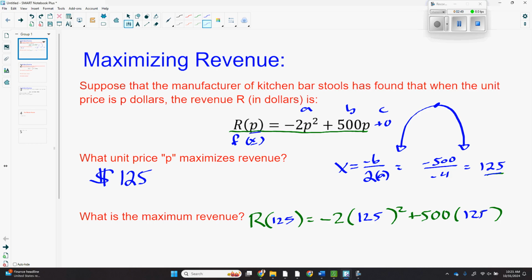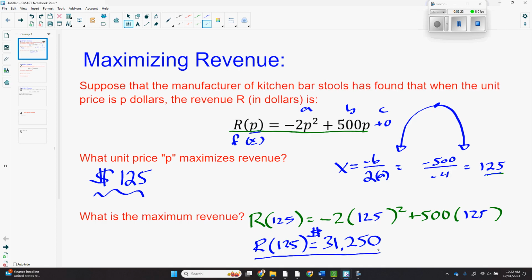Negative 2 times parentheses 125 parentheses squared plus 500 times parentheses 125, type it exactly like it looks, and when we have that price of 125, it spits out an answer of $31,250. This would be our max profit there. So if we sell those bar stools for $125 each, we can get a max profit of $31,250.